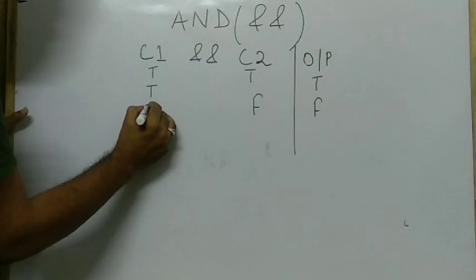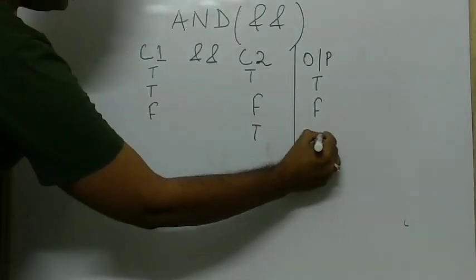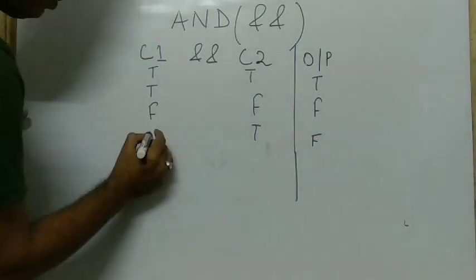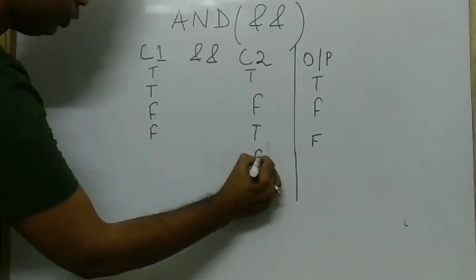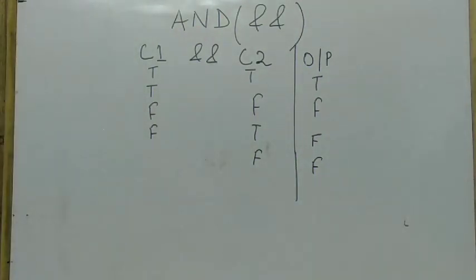If the first condition is false and the second is true, then the output is also false. If the first is false and the second is also false, then the output is false. So the AND operator gives a true result if and only if both the conditions give a true result.